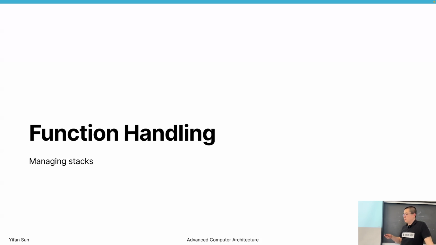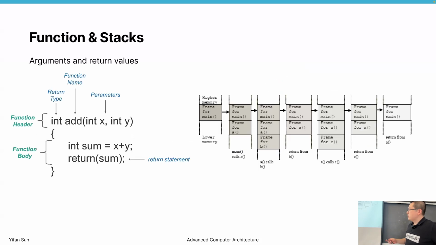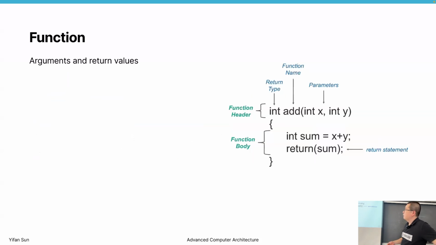Okay, so we're going to gradually talk about how this memory is organized in different cases so that it can serve as the starting point for your emulator. We start with how a function works. When we say a function, it's a small piece of code where there's always a caller and a callee, right?